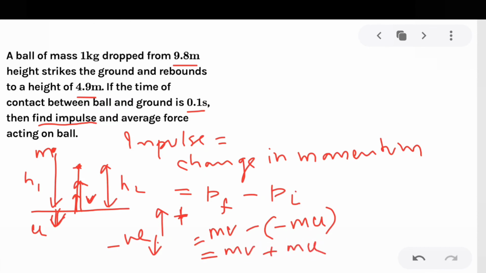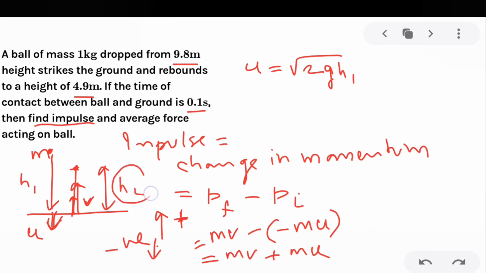Now mass is given. We have to find the value of v and u. Now see, the ball falls from height h1. So obviously u will be equal to square root of 2g h1. Now similarly, the ball rises to a height h2.